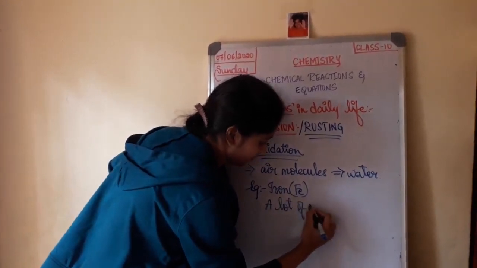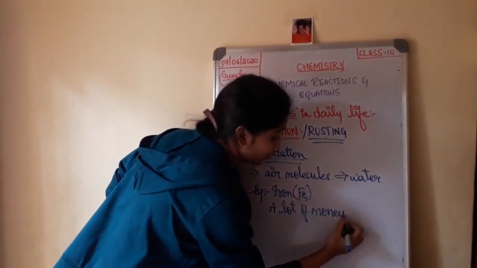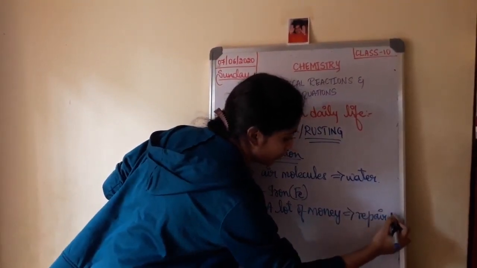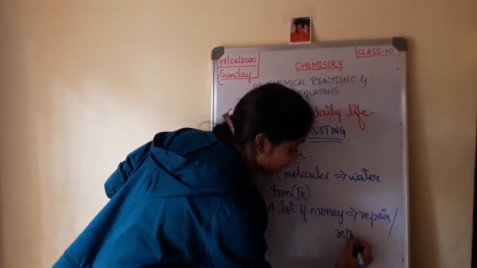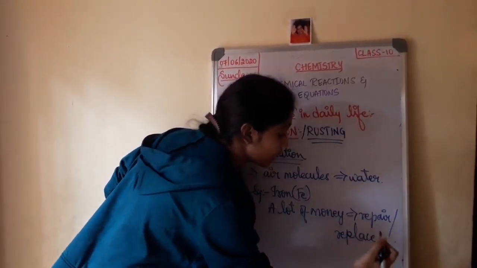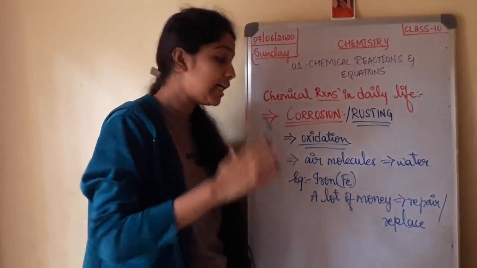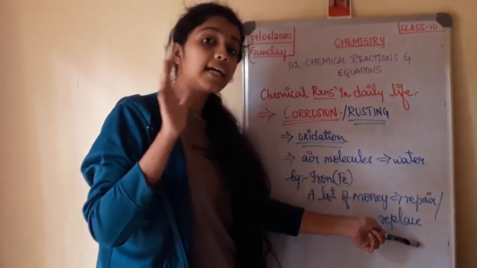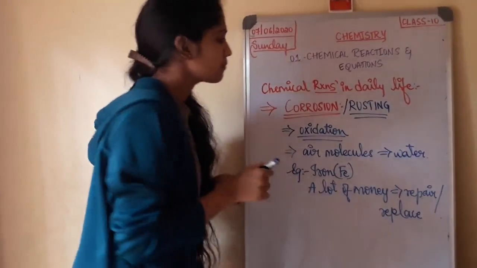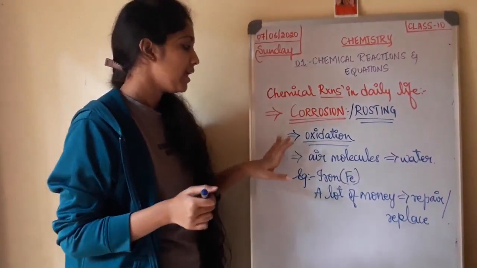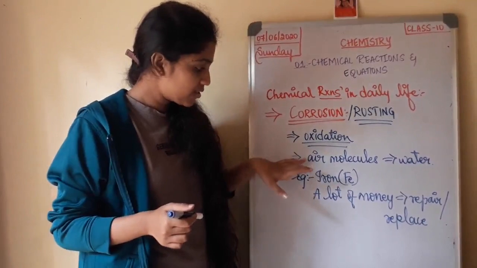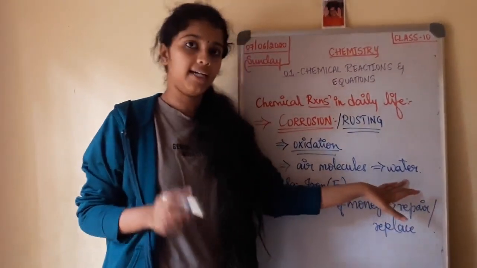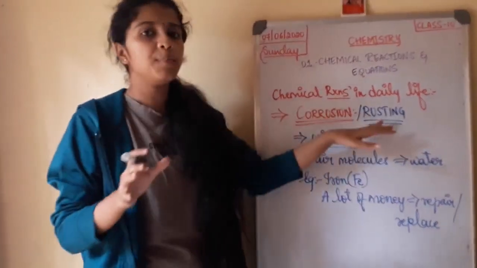Iron gets corroded the most, and every year a lot of money is spent. Why? To repair or to replace rusted or corroded ones. So every year a lot of money is being used to repair or replace the corroded iron. This is called corrosion, or in simple words, rusting.